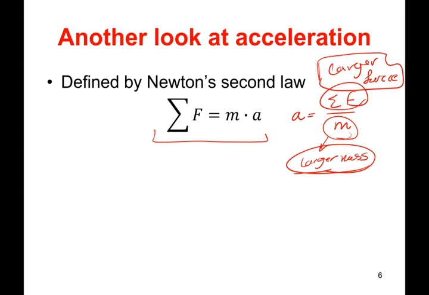Let's say your m is 1 and you want to keep the acceleration to be 1. Your F must be 1 newton. Of course, the units are different, but when your m is 2, to maintain the acceleration of 1 meter per square second, you have to have a force of 2 newtons applied to your object, whatever object it is.